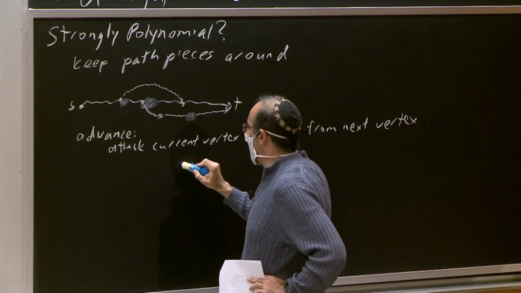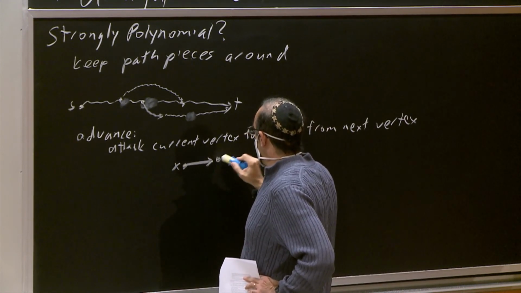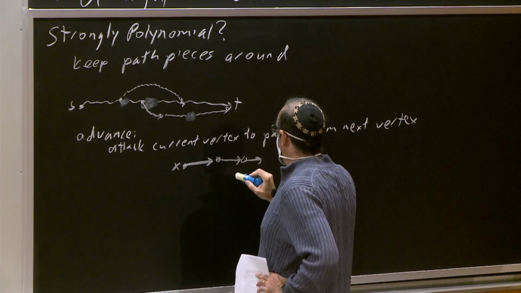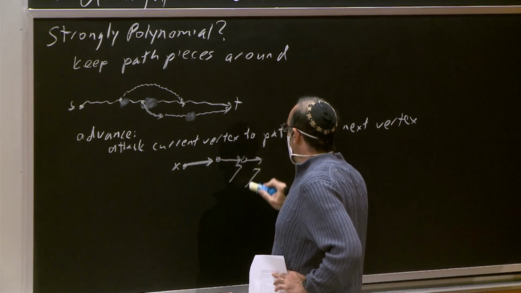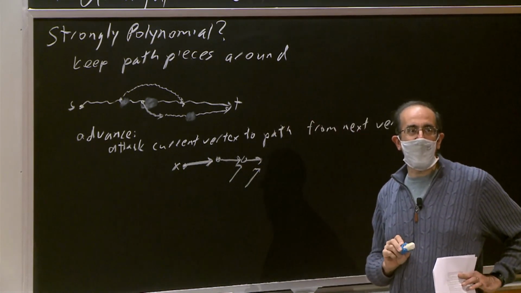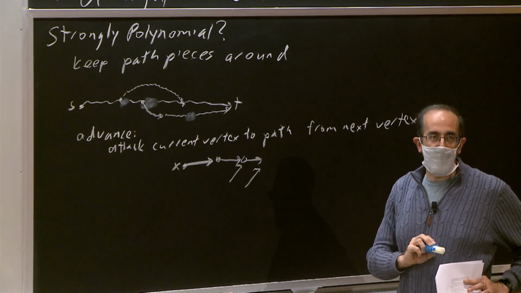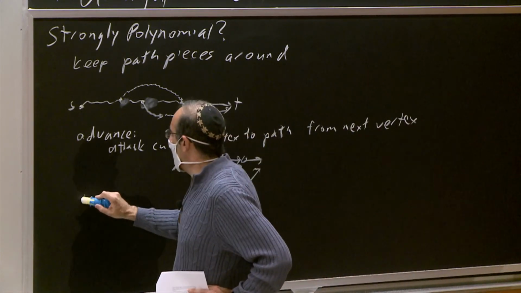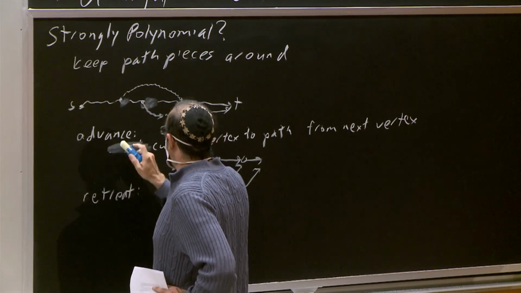So I'm on some vertex x, and now I do an advance, and I'm now going to join whatever partial path is hanging off of the vertex that I arrived at. And that partial path may actually be part of a tree that was formed by other paths joining in to this shape. This is actually called linking.